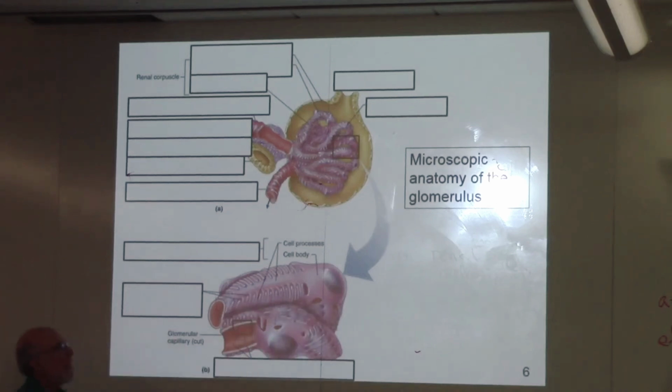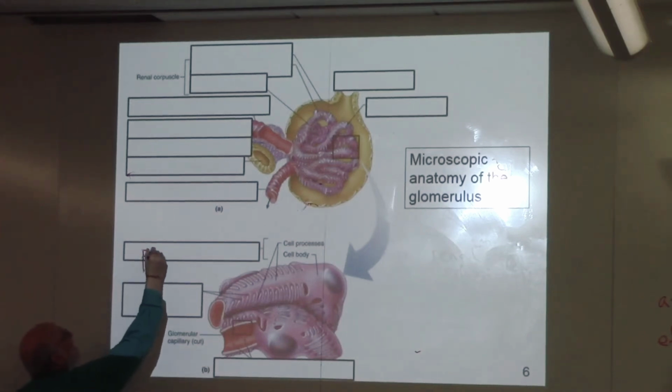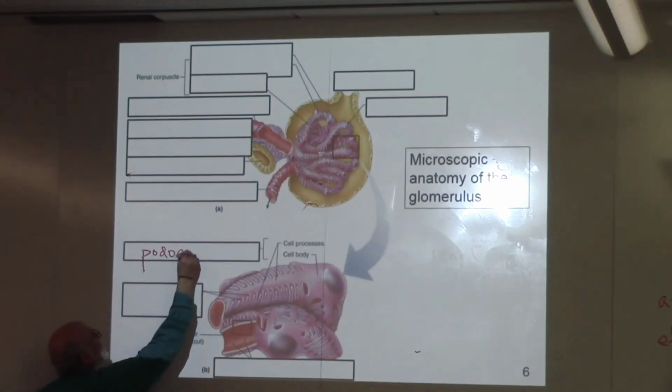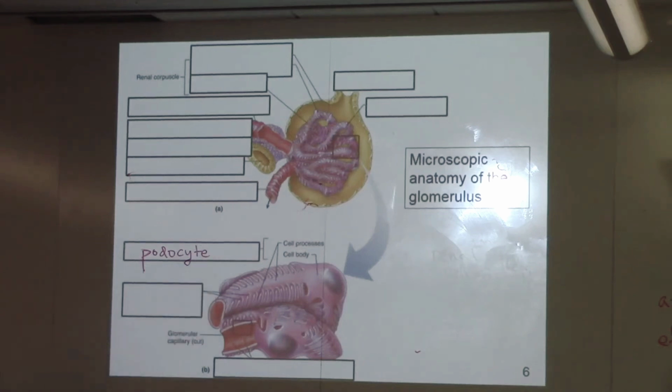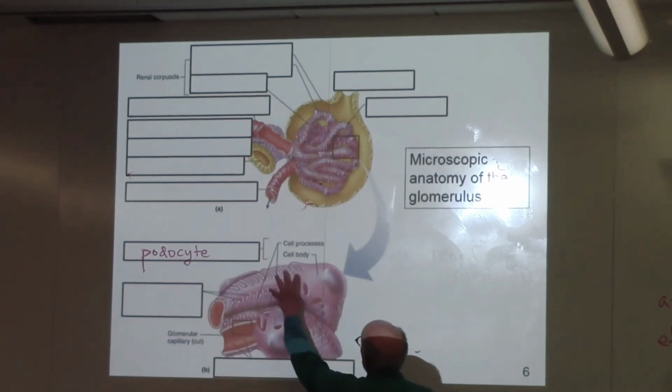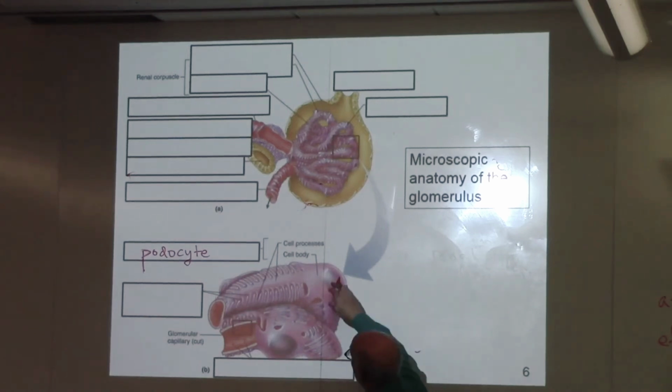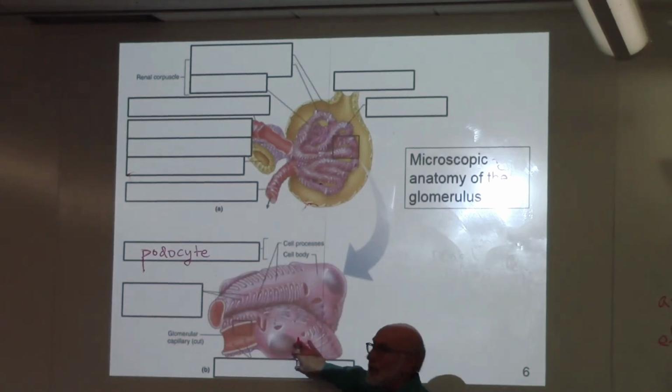This pink thing with these fingers and this cell body is a podocyte. So this is where the podocyte goes. That's the cell body and the processes of when we see two podocytes. Okay?